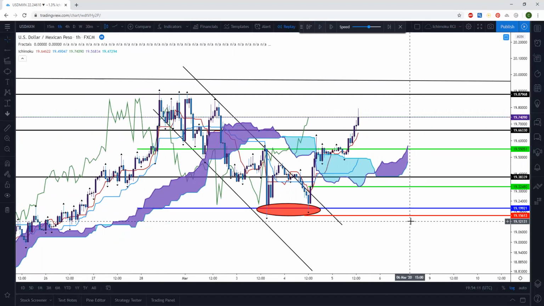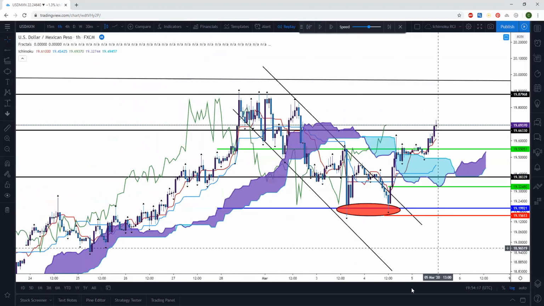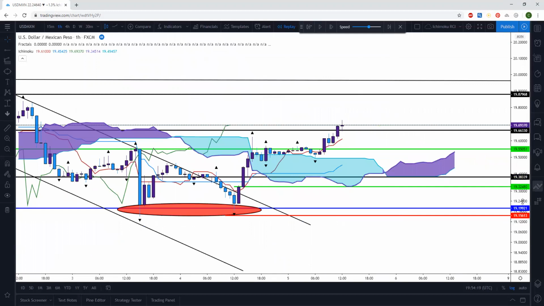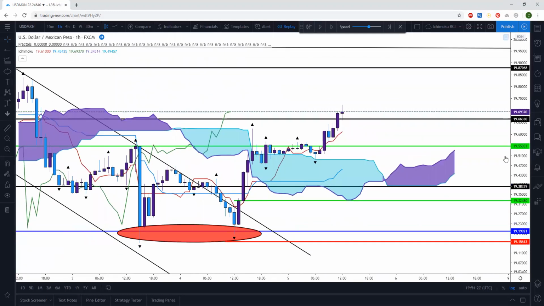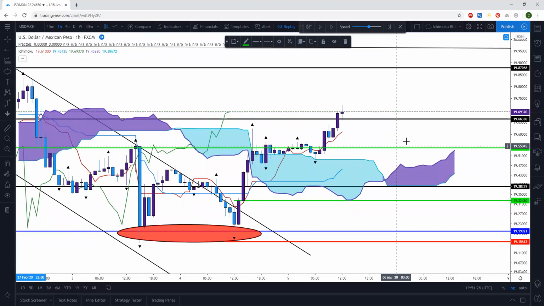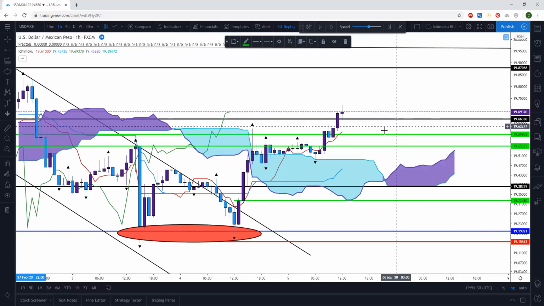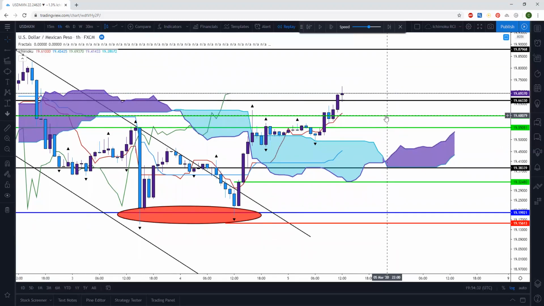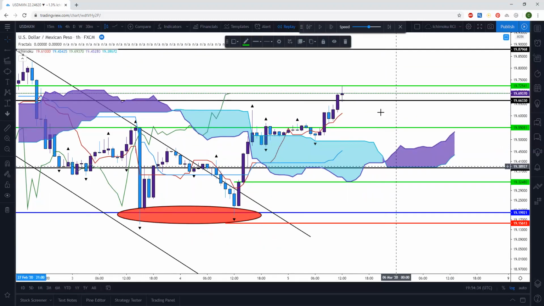So here, okay, let me go back to one candle. Right here, we go ahead and do this. Third entry is right here.